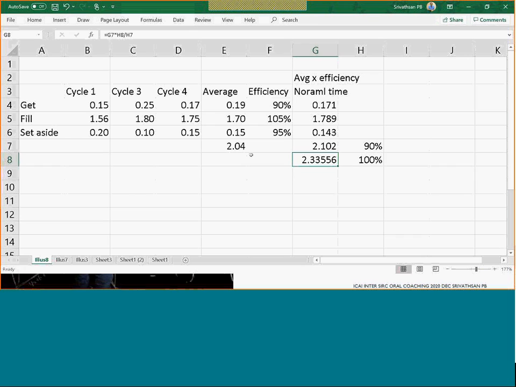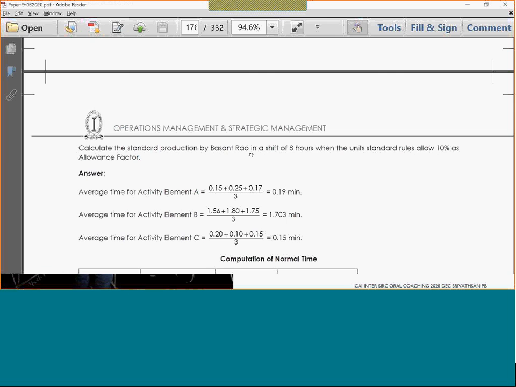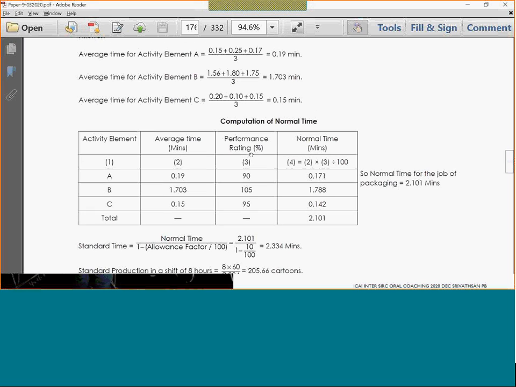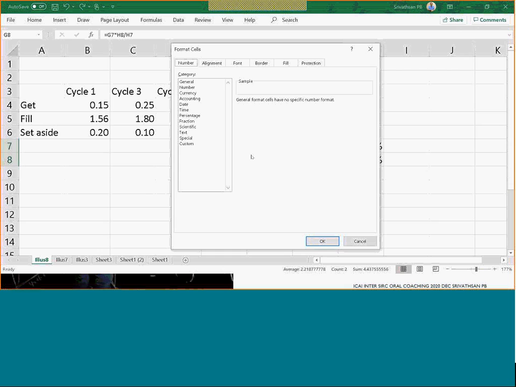It could be 233, or it could be 100, and this could be 110. So now they have done the calculation. Some apply it on 90%. This is how we have done.